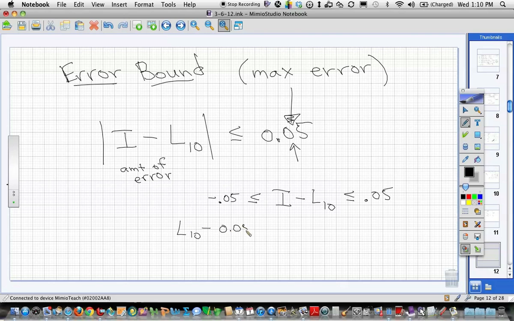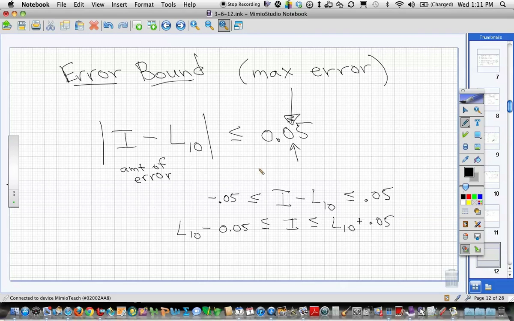So another way of thinking about this would be that the exact area would be somewhere between the L10 approximation plus 0.05 and the L10 approximation minus 0.05, right? The actual area has to be somewhere between there. That's more of a bound. It feels like more of a bound when it's written this way. This would be lower bound, upper bound, okay? But when it's written this way, they call that an error bound. That's the most it would be.